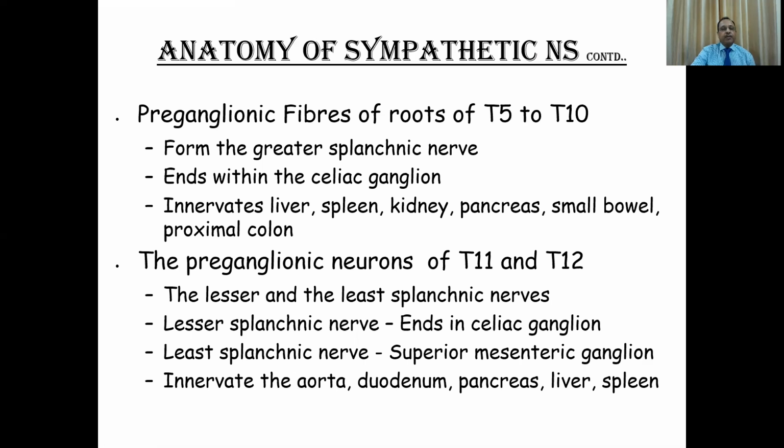On the other hand, the preganglionic neurons of T11 and T12 form the lesser and the least splanchnic nerve, ending in the celiac ganglion or in the superior mesenteric ganglion, and the postganglionic neurons from here innervate the aorta, duodenum, and also pancreas, liver, and spleen.